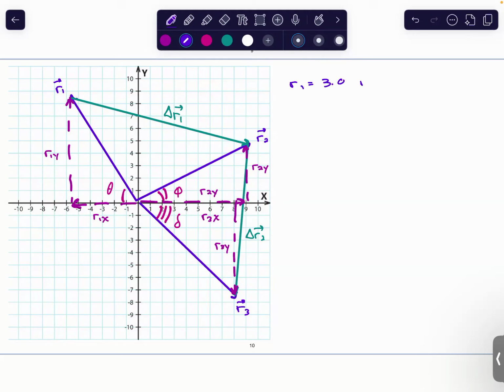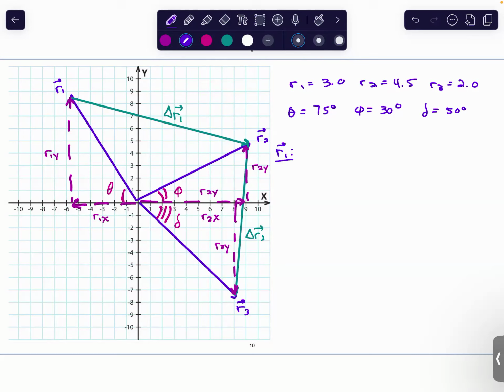Here are some magnitudes, and we have some angles: theta, phi, and delta. Then we're going to start doing the components for each individual position vector.